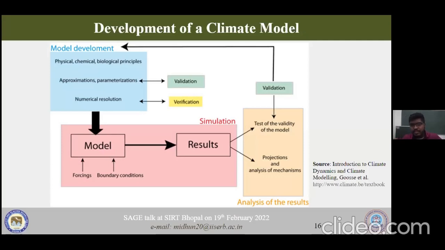They have a repository of this model data set, and we have to intercompare models. If many models agree, like it is going to increase or it is going to decrease, then we have to believe that. That's how these assessment reports are made, and that's the working process of this model set. Once the model is developed, it is for the future perspective, right?